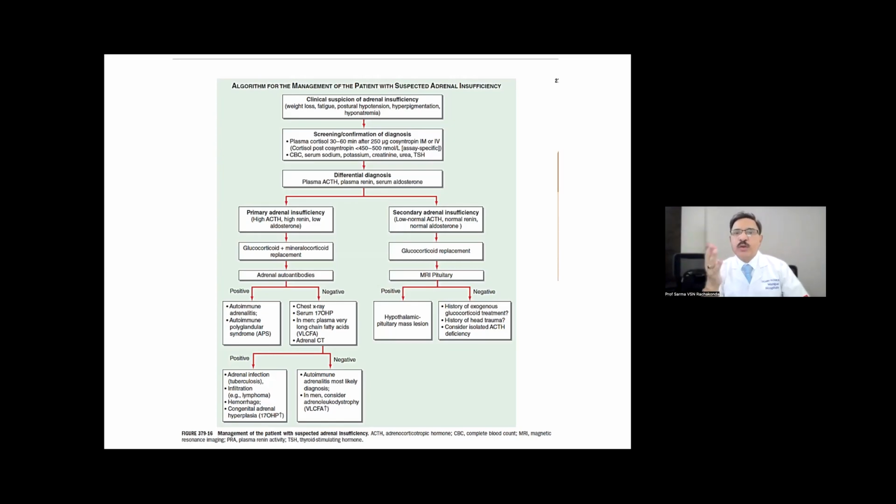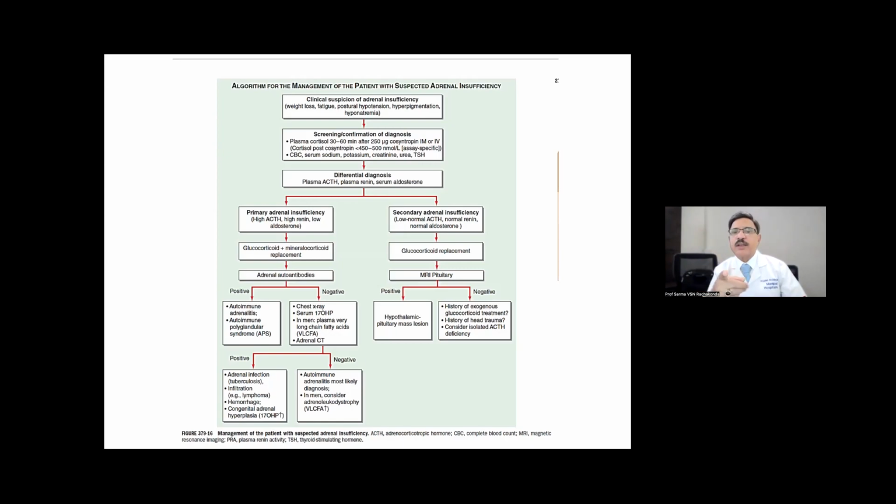Then you give glucocorticoid replacement immediately to improve the symptoms and plan for an MRI of the pituitary, because we are suspecting disease in the pituitary. If the pituitary is positive, that is, a hypothalamic pituitary mass lesion is there, then you accordingly plan and treat. Okay. Here, negative means history of exogenous glucocorticoid treatment.